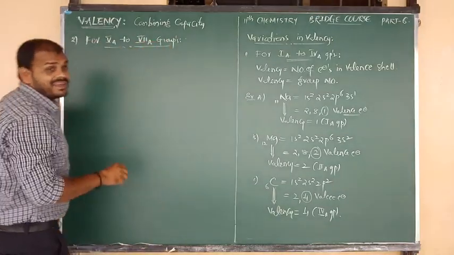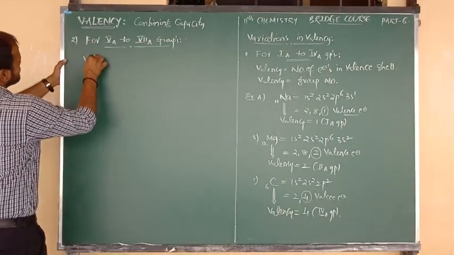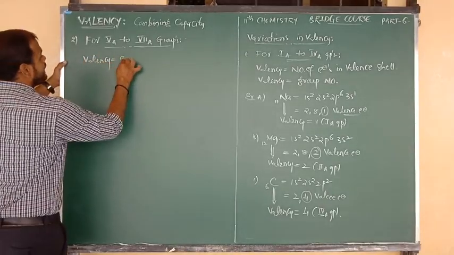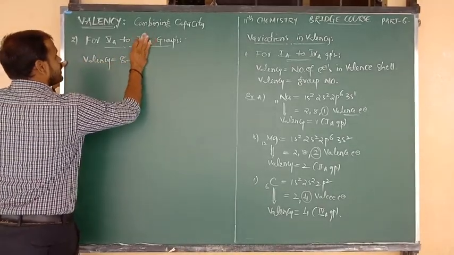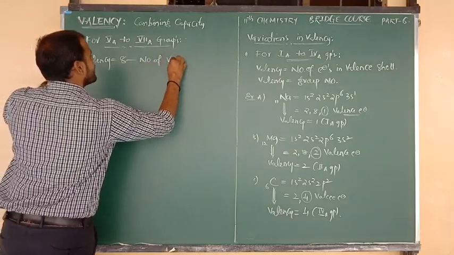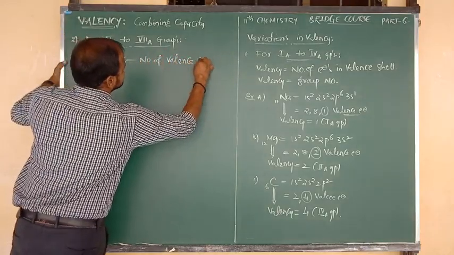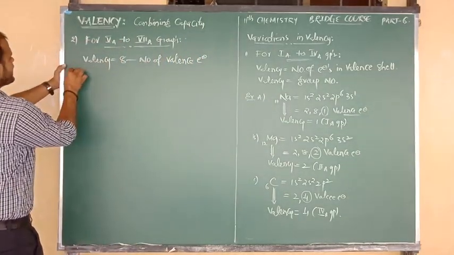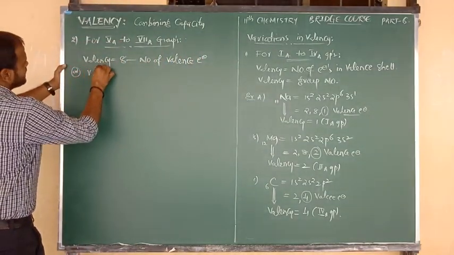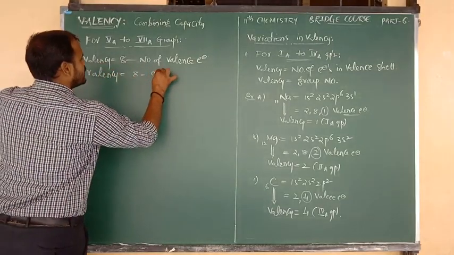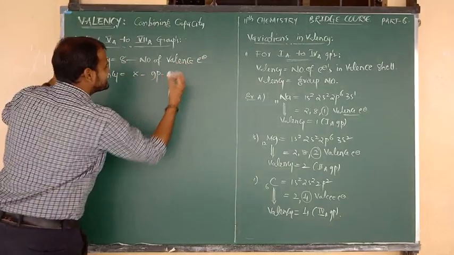the formula to calculate valency is equal to 8 minus the number of valency electrons, means the number of outermost orbit electrons. And another formula is valency equals 8 minus group number.